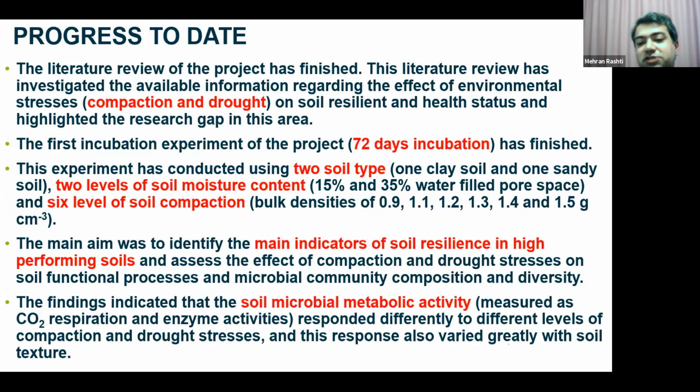We want to see whether the CO2 or enzyme activity is coupled with an increase in their body mass or with a decrease in body mass, which can give us a good indication of whether the system is suffering or thriving. This is a good way to find out how the system suffers when it goes through stress and how the system thrives after you remove the stress. Hope that explains a bit.